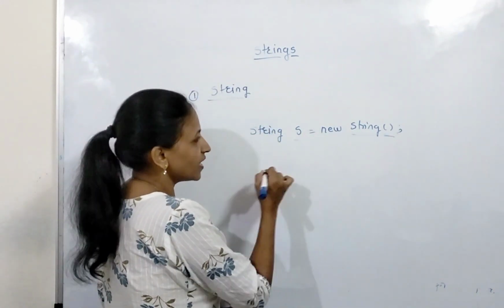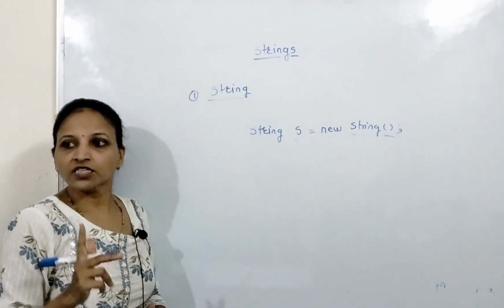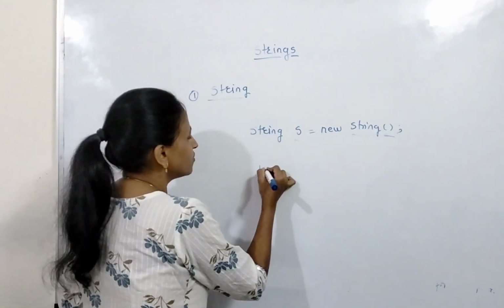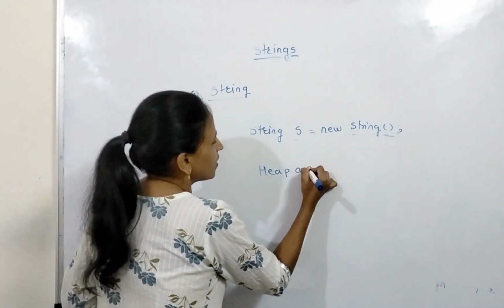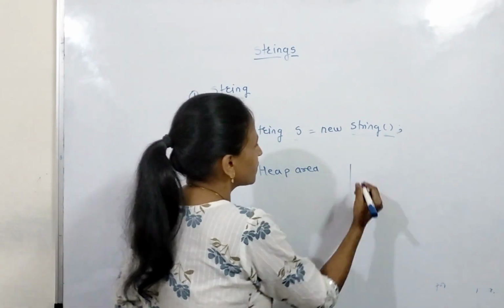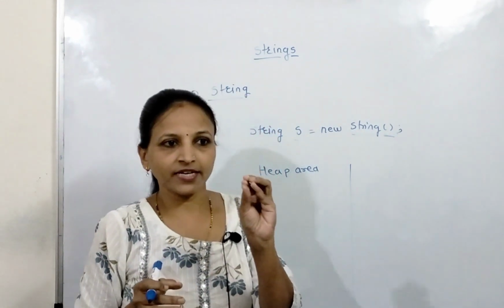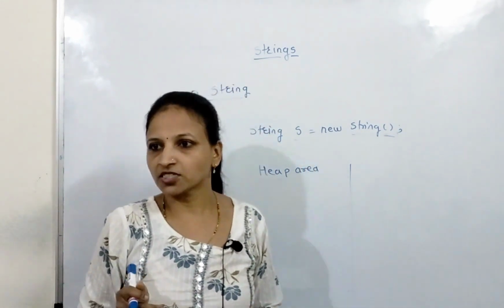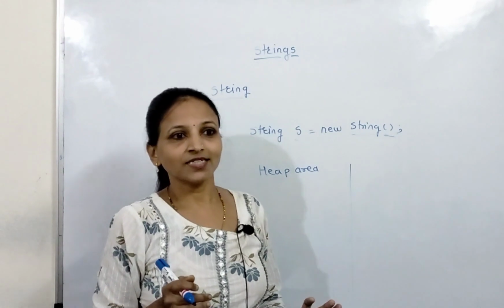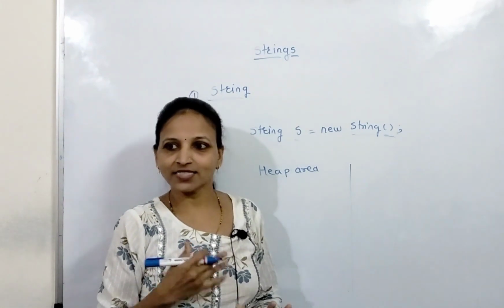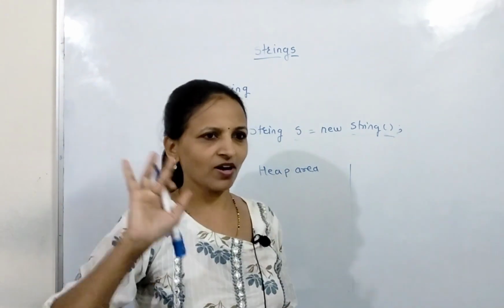Internally there are two sections actually. While learning the JVM architecture we have seen five memory areas. The first area is the method area, then the stack area, then the heap area and others.